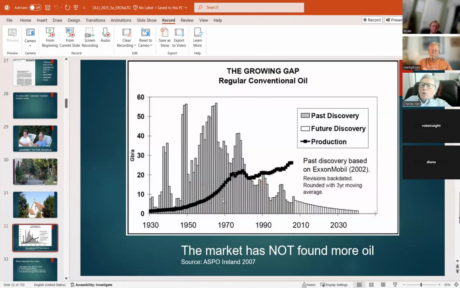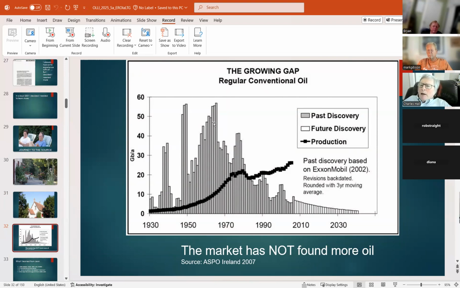And the issue that he had at that time was, here is the rate at which we found oil, which is in the vertical bars. And here is the rate that we're using it, in the black heavy bars, that's production or extraction.